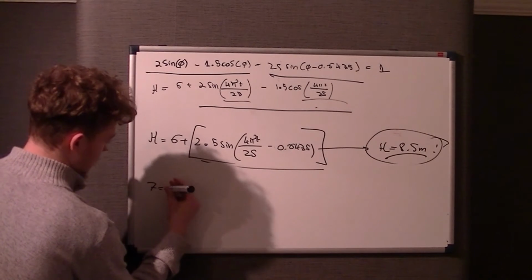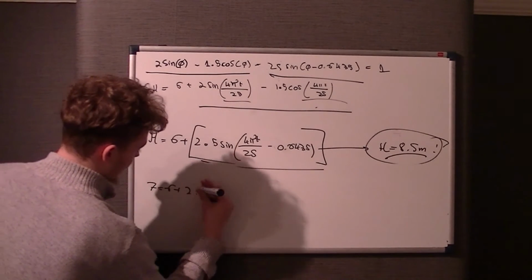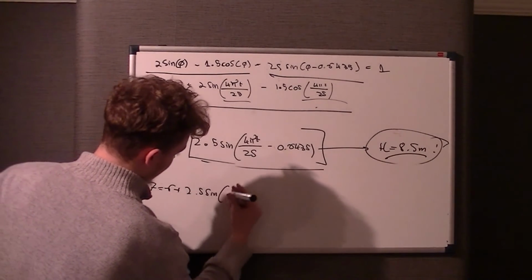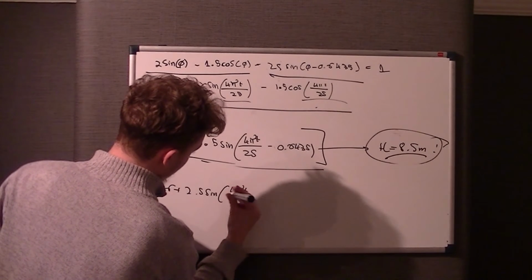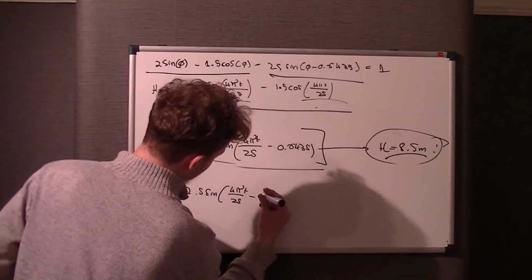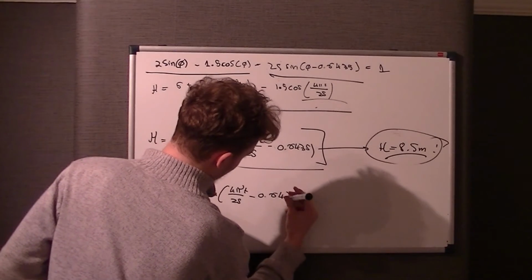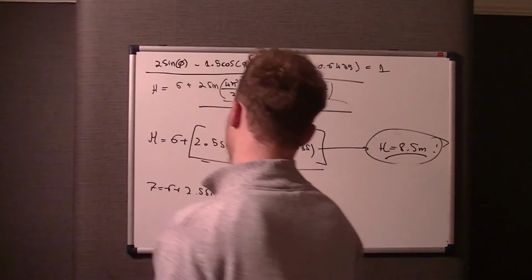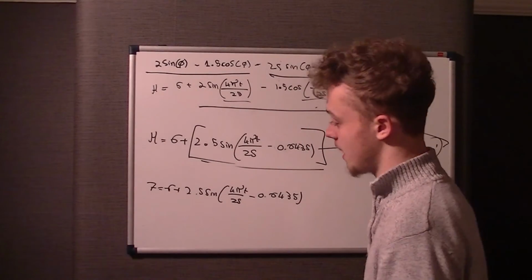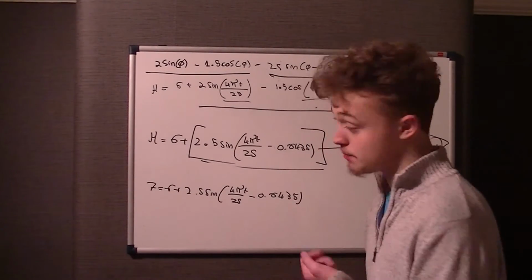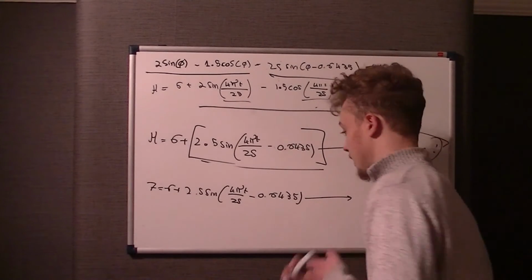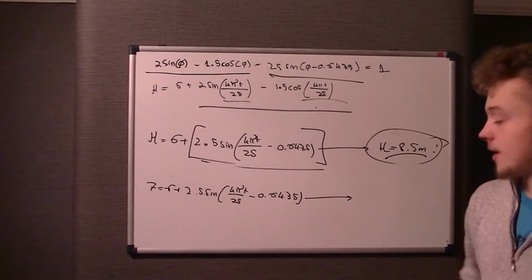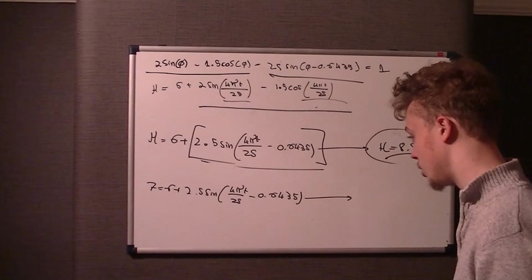And because 7 equals 6 plus 2.5 sine of (4 pi t over 25 take 0.6435), it's just a case of rearranging, so subtracting 6 from both sides, and then dividing both sides by 2.5. Hopefully your brain's able to take that calculation at once.